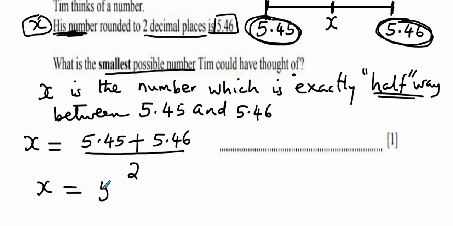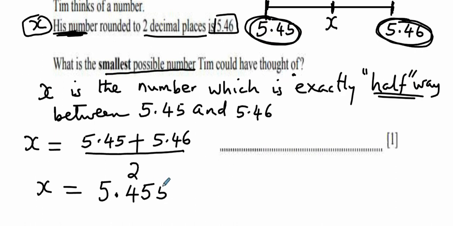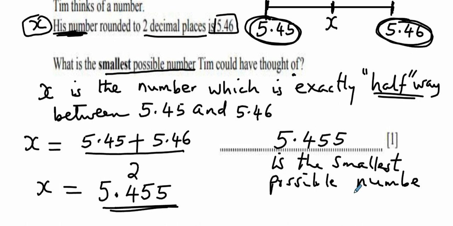I'm getting 5.455. You see? So this is the smallest possible number. 5.455 is the smallest possible number that the team thought of.